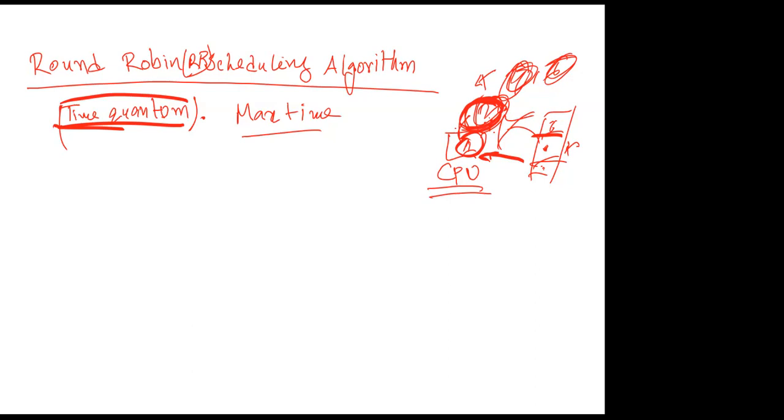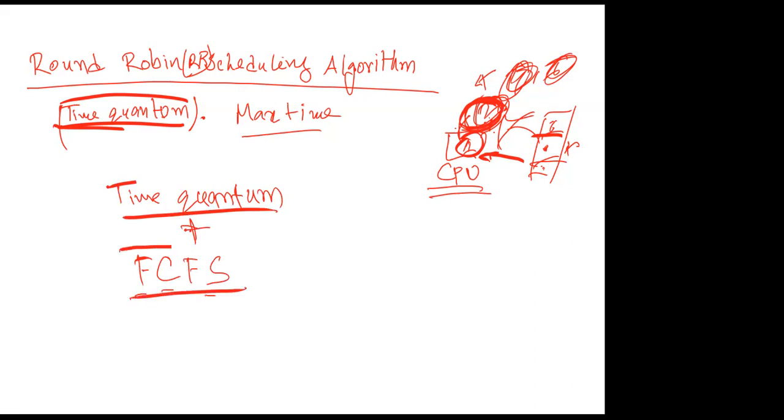Round robin is a combination of algorithms that combines this time quantum plus FCFS, first come first serve. From here you also get the idea.